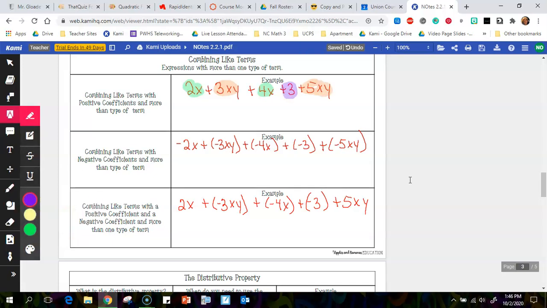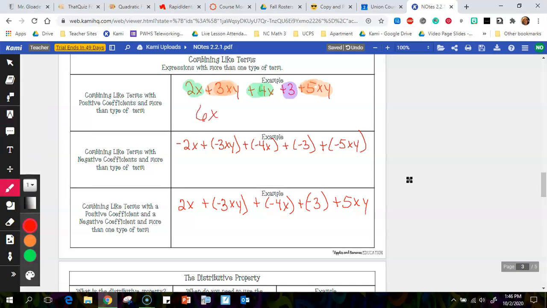And then 3 is our only constant. I also like to make sure that I highlight the symbol that's before it. That way I know it's a positive or a negative. All right, so let's add these together. 2x plus 4x is 6x. 3xy plus 5xy is plus 8xy, and then plus 3.